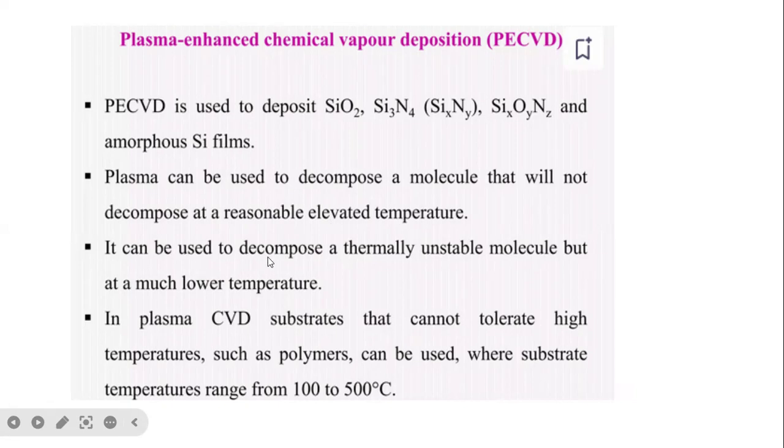It can be used to decompose thermally unstable molecules, but at a much lower temperature. In plasma CVD, substrates that cannot tolerate high temperatures, such as polymers, can be used, where substrate temperatures range from 100 to 500 degrees Celsius.